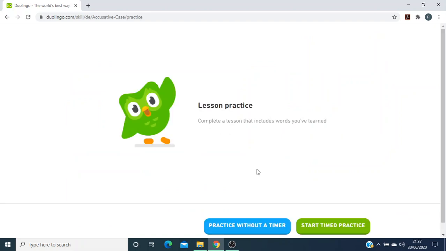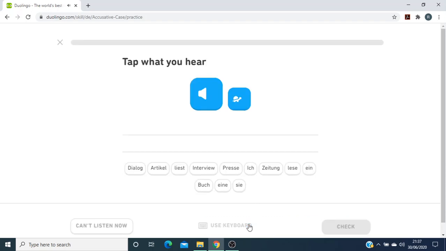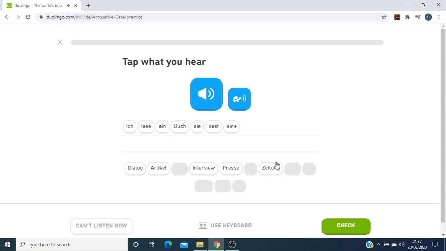So let's go whenever you're ready, and we'll practice without a timer so that we can concentrate. Ich lese ein Buch, sie liest eine Zeitung. Oh, right, that was quite fast. So Ich lese ein Buch, sie liest eine Zeitung.